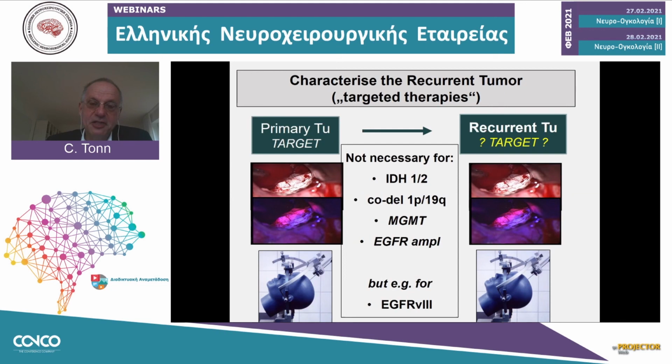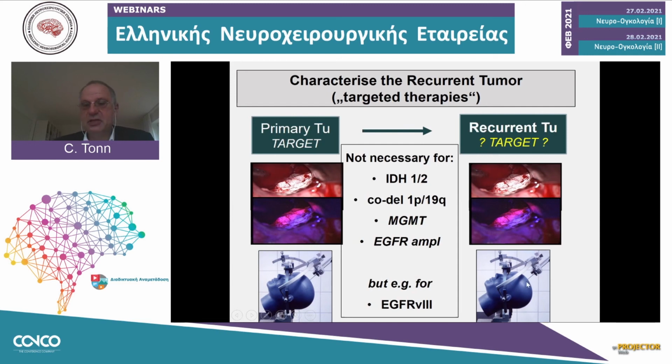And afterwards, it showed that the expression of the receptor variant 3 changes dramatically. So patients without this expression were treated with rindopepimut and therefore did not respond. So in newer times, whenever we talk about a recurrent tumor, we have to do a rebiopsy or resurgery.